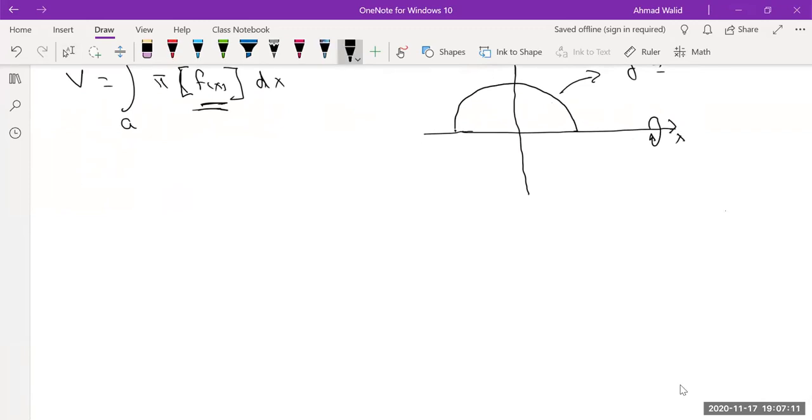If I have a full circle like this, what is the equation for the circle? If you don't remember, I will write here: x squared plus y squared equals r squared. You learned it in college algebra and pre-calculus.